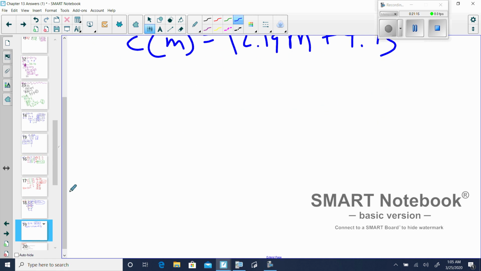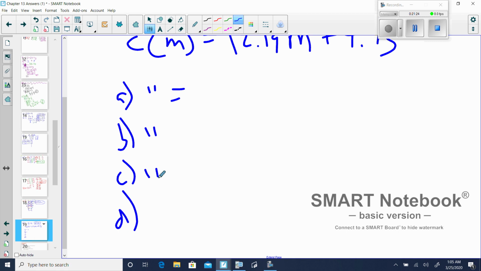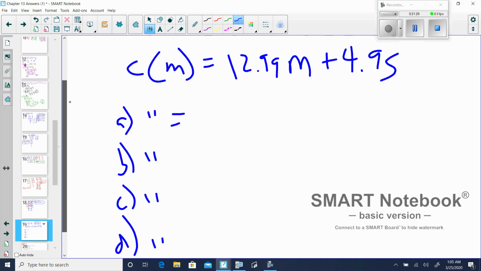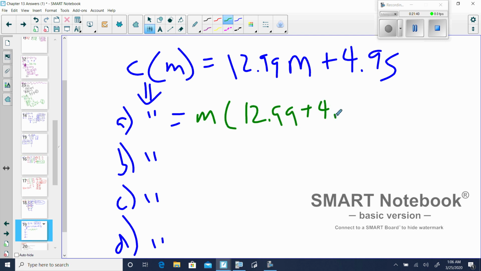So what answer options are we given? So we have C of M equals, so A, B, C, D. These little quotation marks in there let you know that that means C of M. I'm repeating the C of M down here on the left-hand side. So for A, they tell us M, we have $12.99 plus $4.95, which is out because they don't tell us that the $4.95 is for every CD.